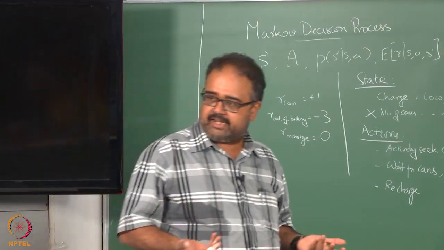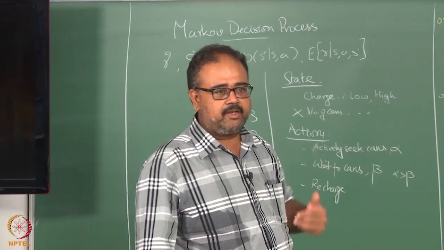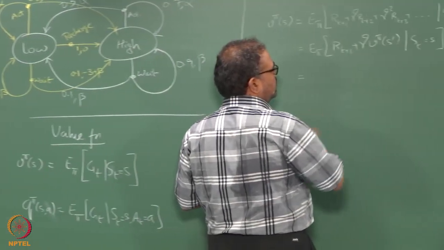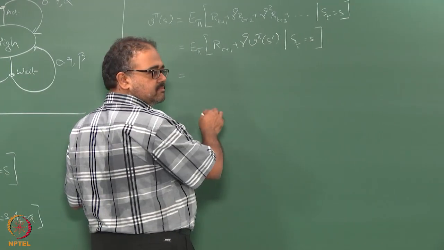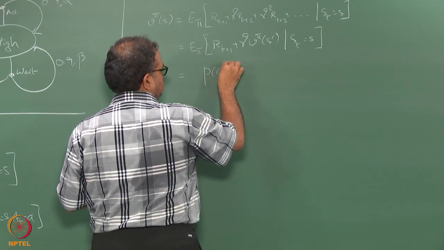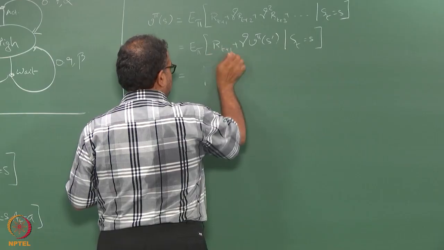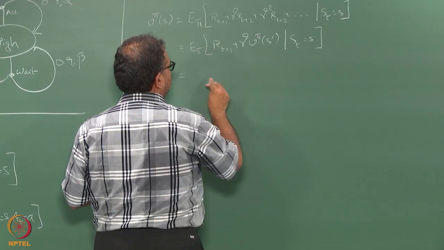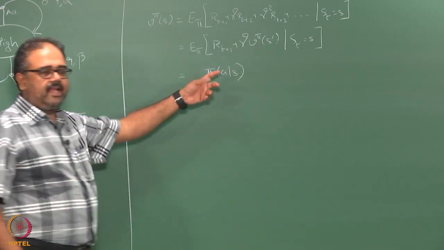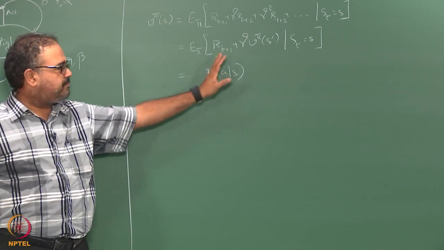So we are starting in state S and you are selecting actions according to policy pi. So what does that mean? Okay, you are using pi, right? And I am selecting actions according to policy pi.